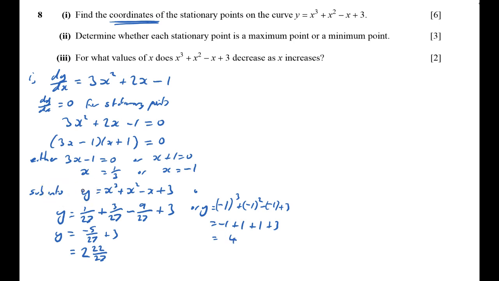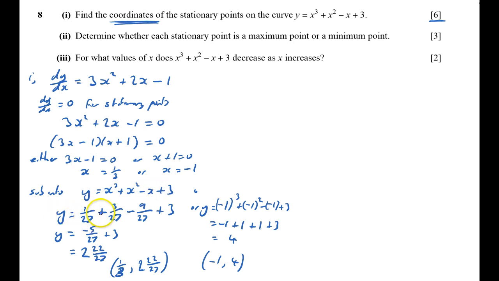So the coordinates are 1/3 and 2 22 27ths. That's one stationary point, and the other one is minus 1, 4. Done that, and I've got my 6 marks there.